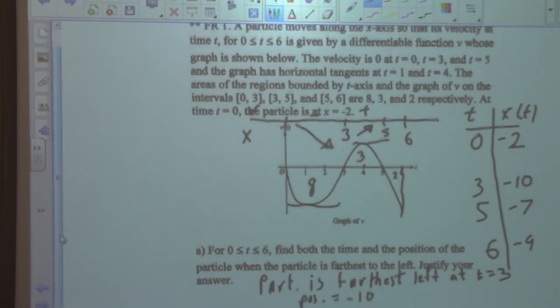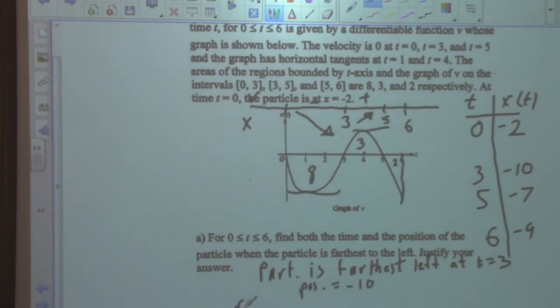A relative minimum of negative 10 where t equals 3, and all other candidates are higher or something like that.